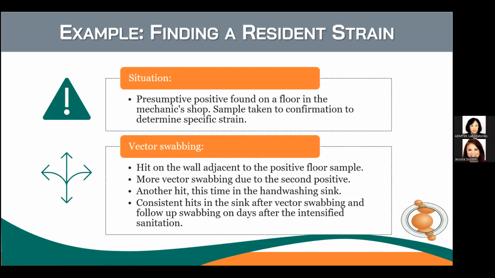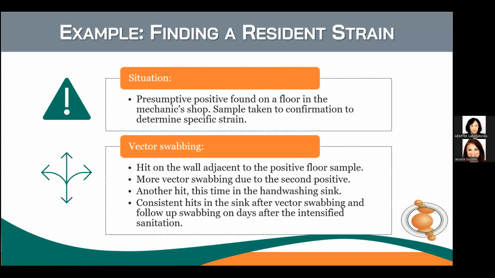And here is an example of finding a resident strain. So the situation is they found a presumptive positive on the floor in a mechanic shop. The sample was taken for confirmation to determine if it is a specific strain. And then the plant performed vector swabbing, and they found a hit on the walls adjacent to the positive floor sample.